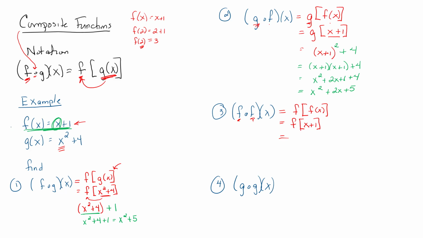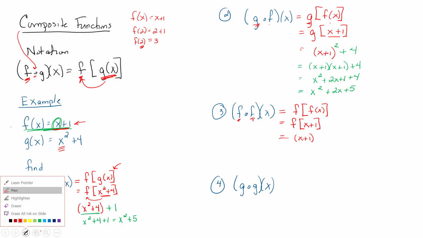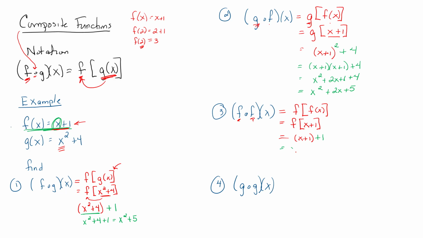And according to this, I'm supposed to take X plus 1 and plug it into the function F. Well, back over here, F of X is X plus 1. So first thing I'm going to do is write X, which in this case is now X plus 1. And according to the function F, you'll then add 1 to it. Which means after I do my simplifying, I'm going to get X plus 2.